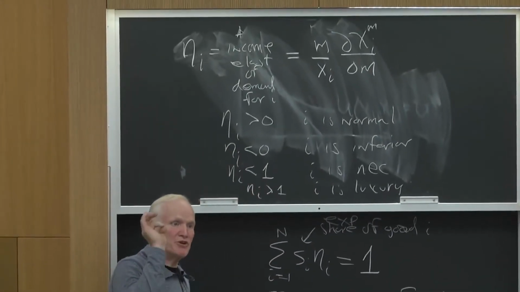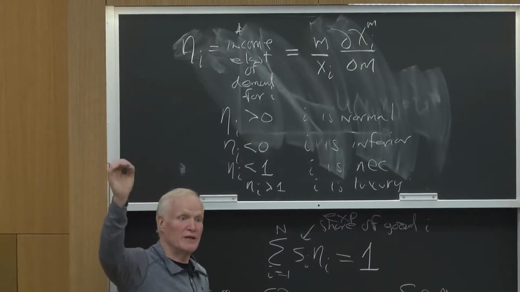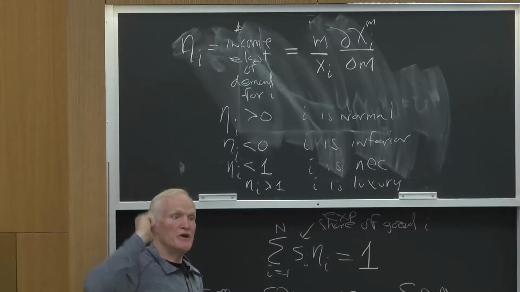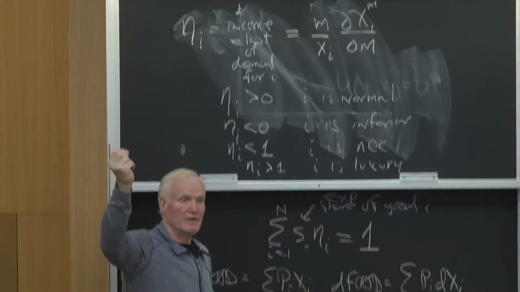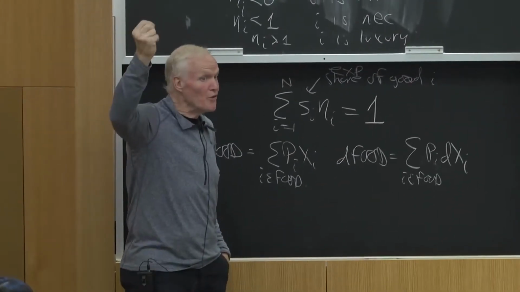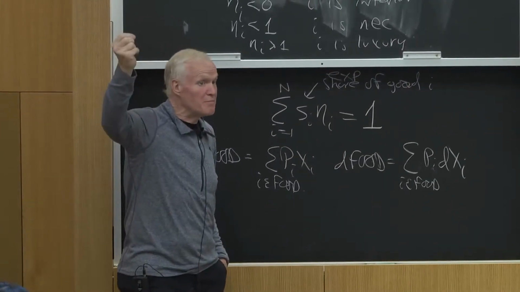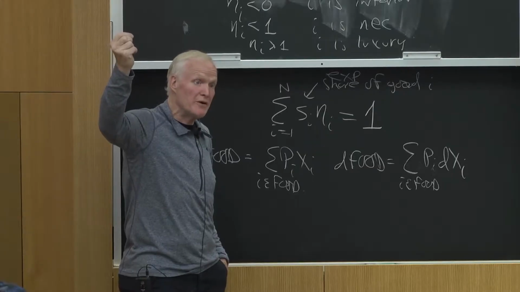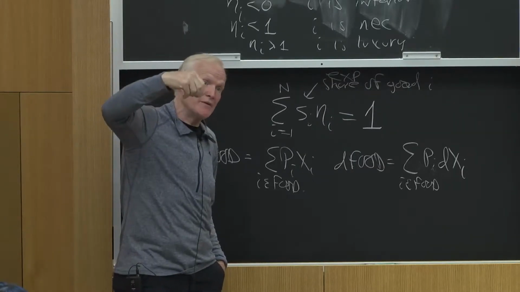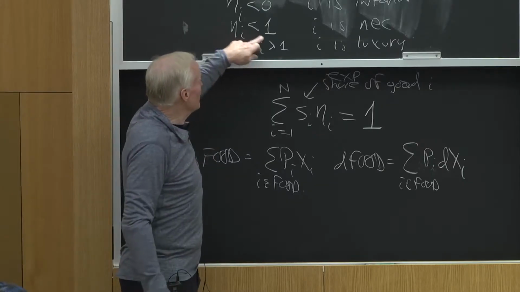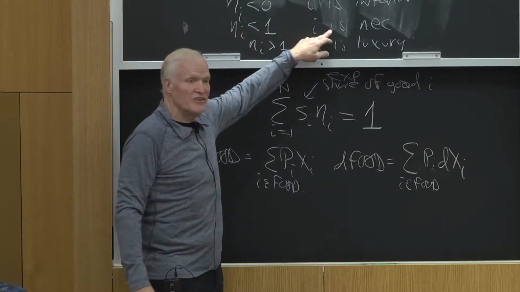That means your consumption rises less than proportionately with income. So when your income goes up 10%, consumption only goes up 3%. So if your consumption is only going up 3% and income's going up 10%, what's going to happen to your share? The share of income spent on that good is going to go down. So when the income elasticity is less than 1, the good is a necessity.